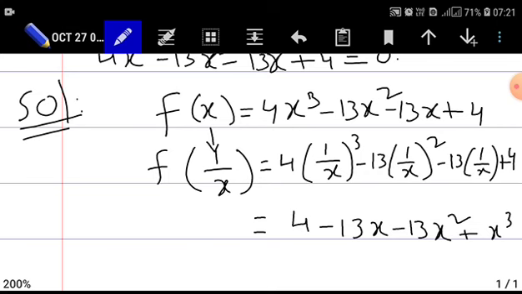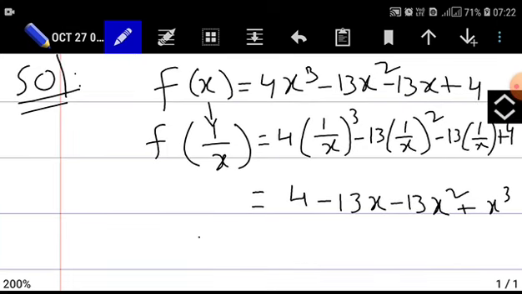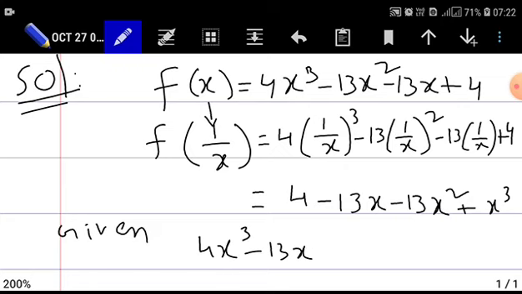This is what we got when x equal to 1 by x. In the given equation we have 4x cube minus 13x square minus 13x plus 4 equal to 0.